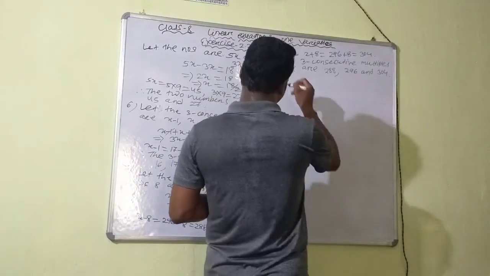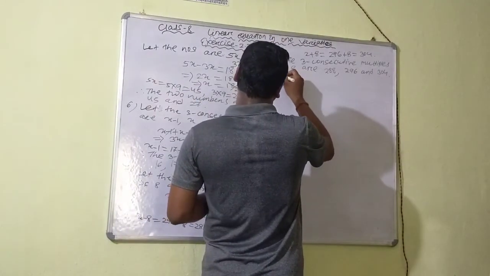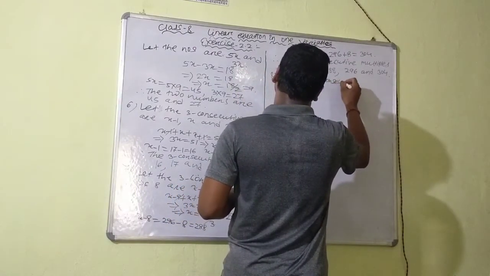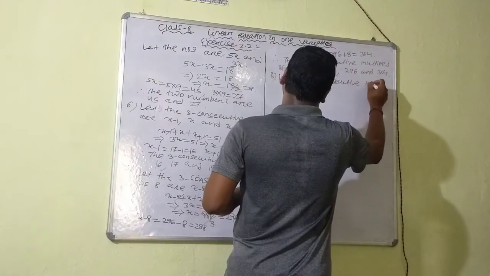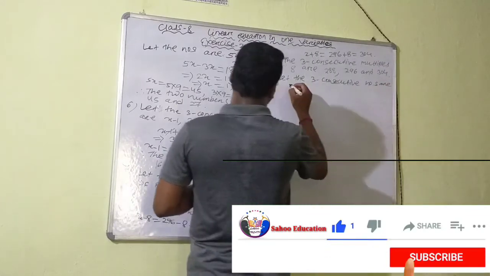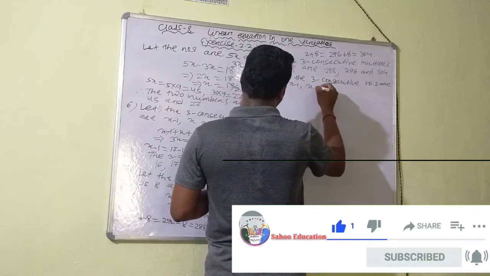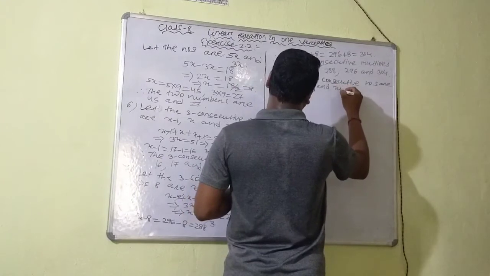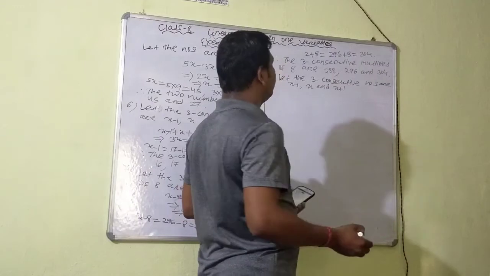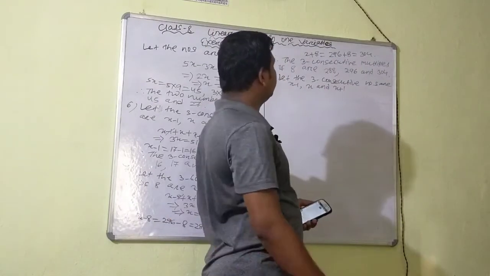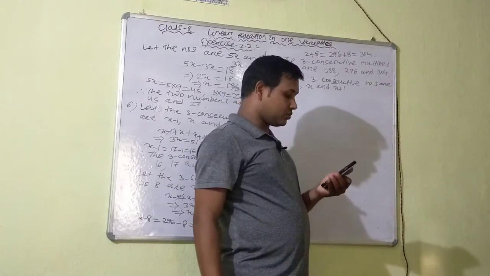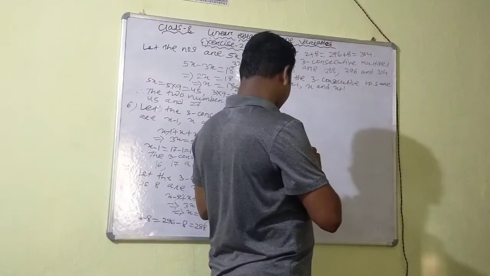Now come to write. Let the three consecutive numbers be x minus 1, x and x plus 1. So the first one will be multiplied by 2, the second one by 3, the third one by 4, and their sum is equal to 74, as given here.